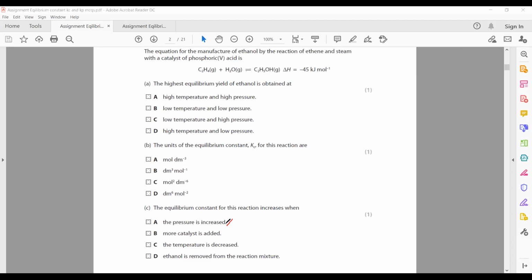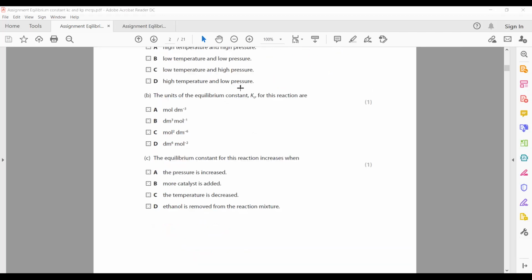Pressure won't affect, catalyst does not affect, changing the concentration does not affect. So the only thing which affects it is the temperature. And what we should do, because for an endothermic reaction an increase in temperature increases the value of Kc or Kp, and for an exothermic reaction, decreasing the temperature increases the value.